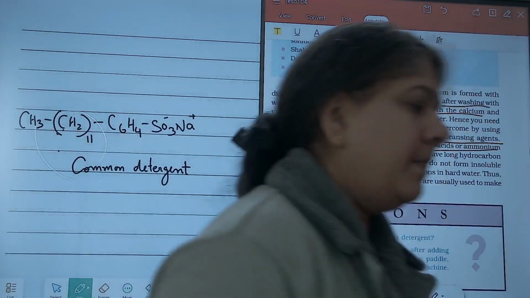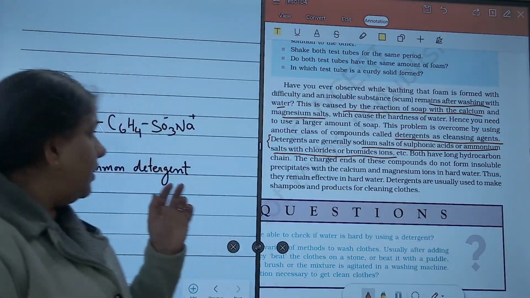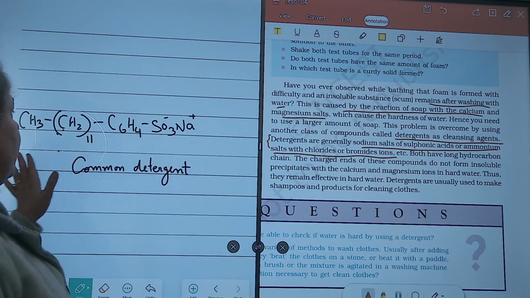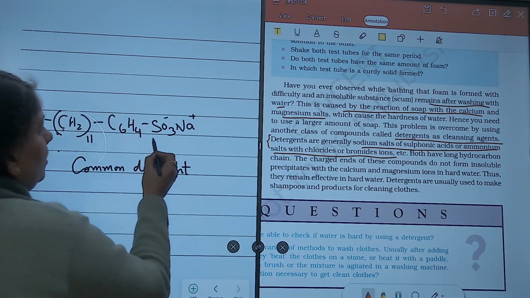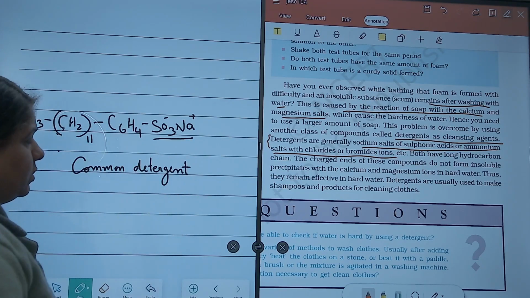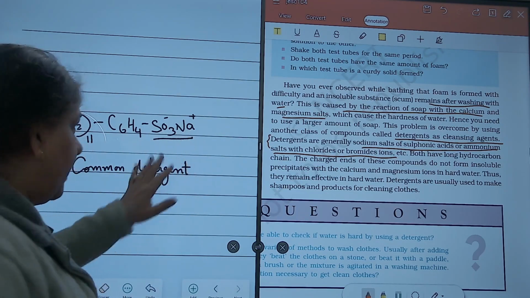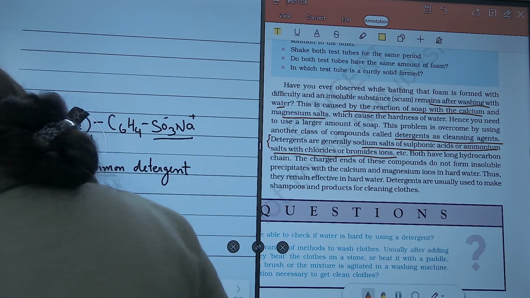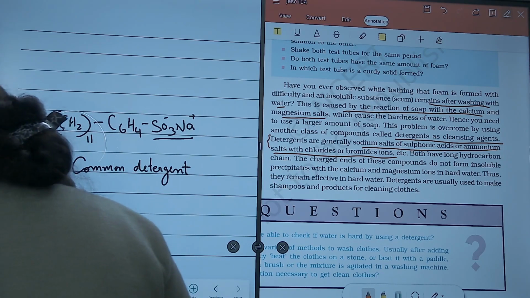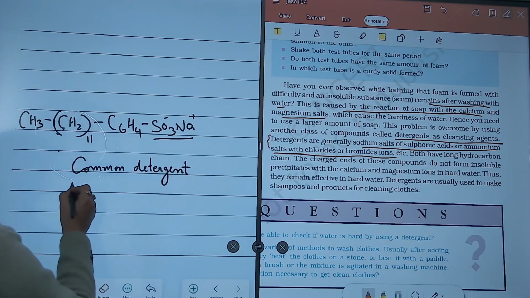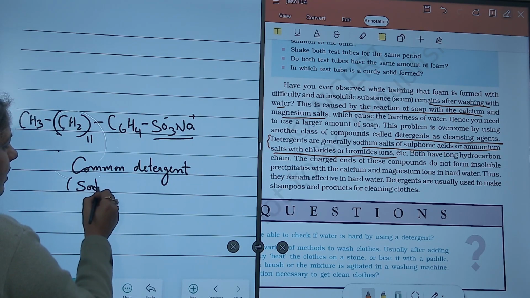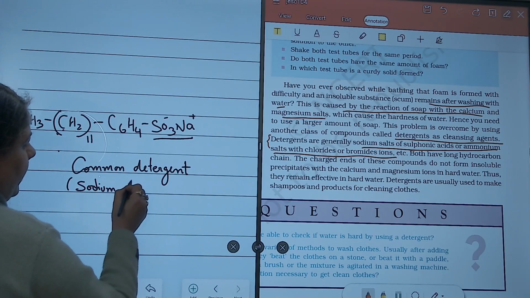The chemical formula for the detergent looks like this. This is a sodium salt, a sulfonate salt basically, or you can say this is sodium sulfonate salt. So detergents are basically sodium sulfonate salt.